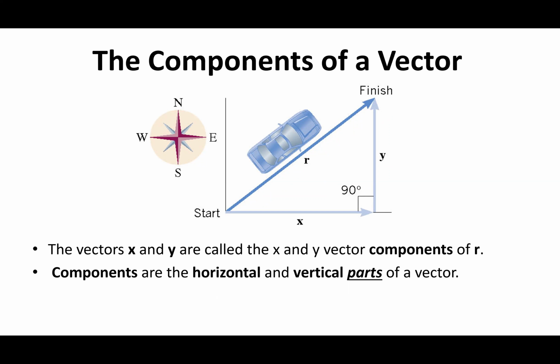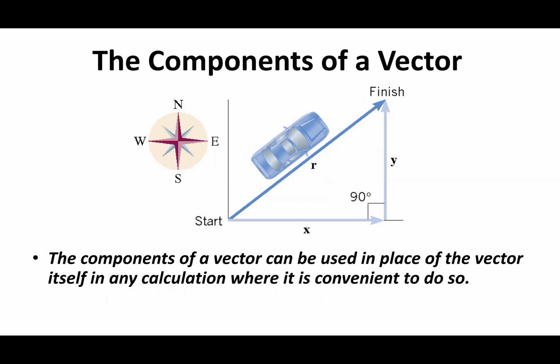And so we are going to strategically always make one horizontal and always make one vertical so that we can say, well, one is along the X axis and one is along the Y axis. It makes things simpler. And the other feature that makes it simpler, if we always break it down into horizontal and vertical, the X and the Y are always perpendicular to each other. And because they're perpendicular to each other, that's going to give us some other advantages.